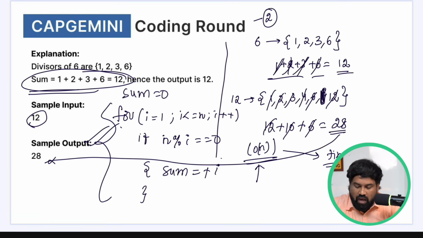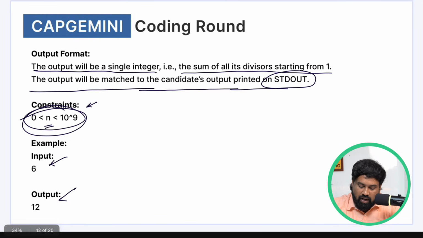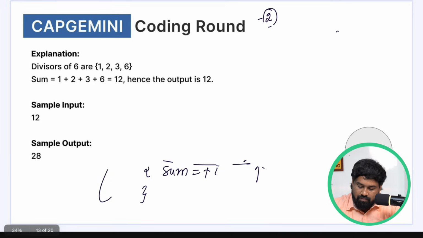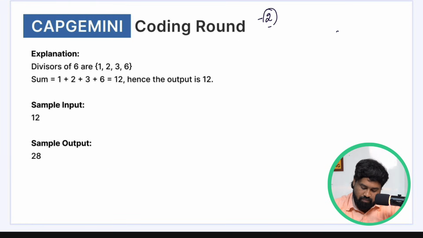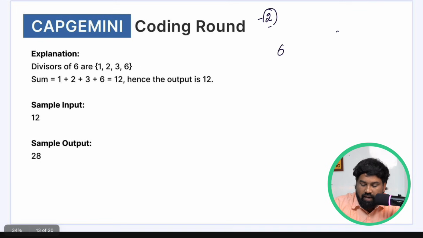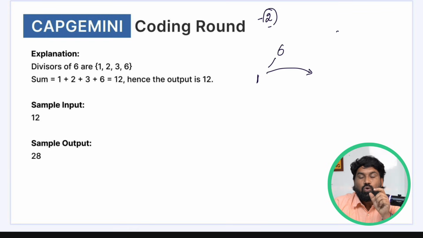Whenever you have a divisors concept, guys, I would like to give you an idea. I'm just erasing the screen here. Remember, for example, we have 6. Whenever 6 is divided by 1, I will take the coefficient also. So 1 divides 6, and the coefficient is, in parallel, 6.